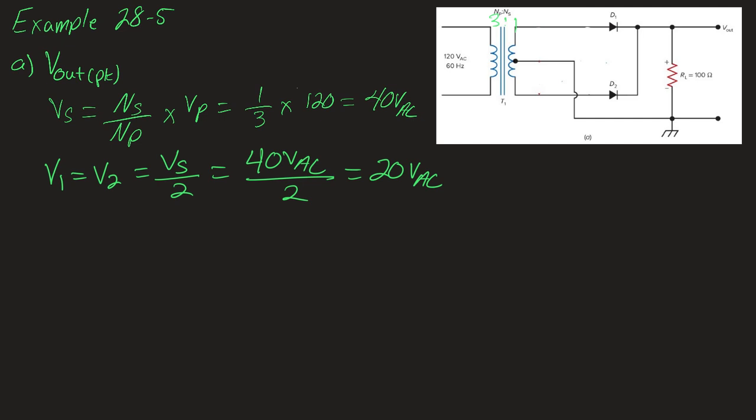Now to find the peak voltage, once again, it's a center tap transformer, so that means V1 peak is equal to V2 peak, and that is going to equal 1.414 times the RMS voltage, the root mean square voltage.